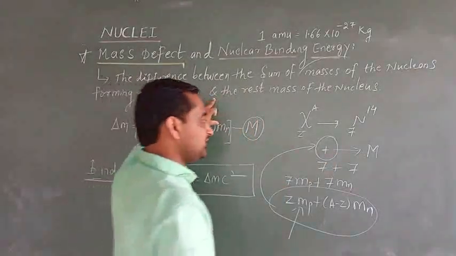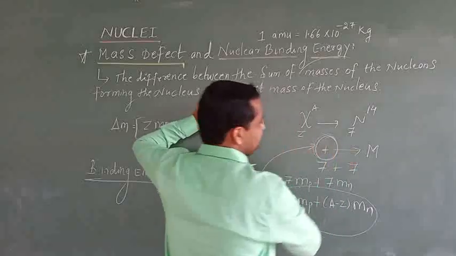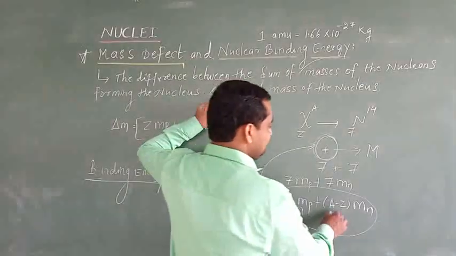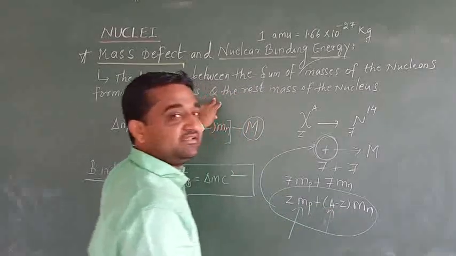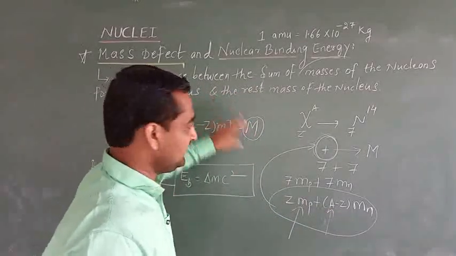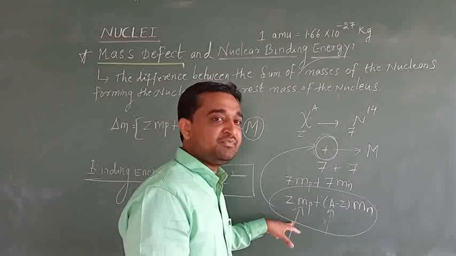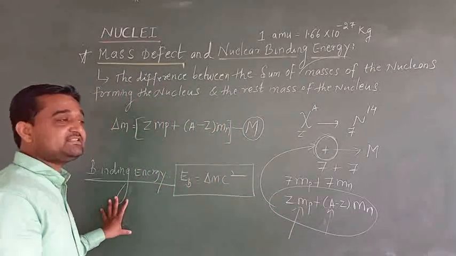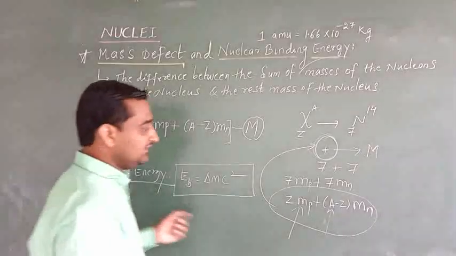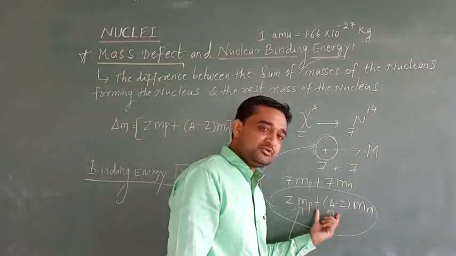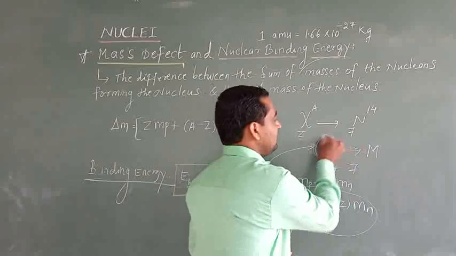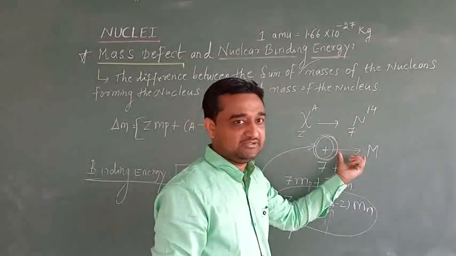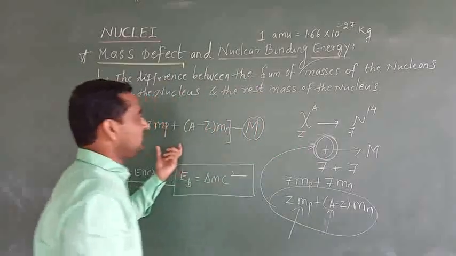But if we measure the rest mass of the nucleus, that mass is always less than the sum of masses of the nucleons in the free state. If there is no loss of mass, then the sum of the masses of the nucleons must be equal to the mass of the stable nucleus. They should have been equal, but that is not equal, right? Some amount of mass is lost.